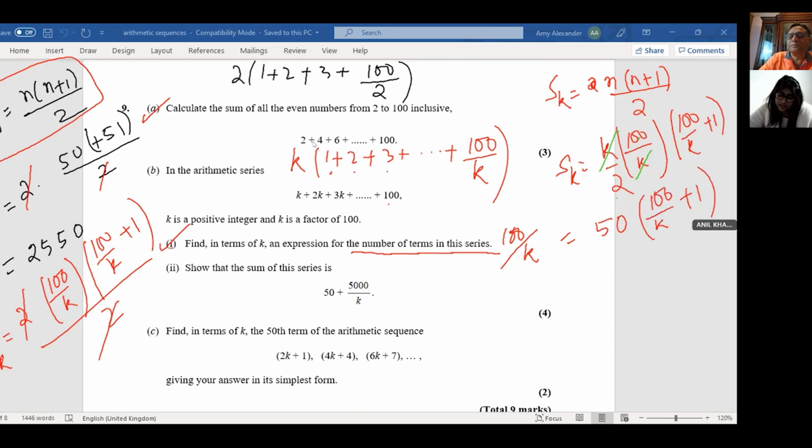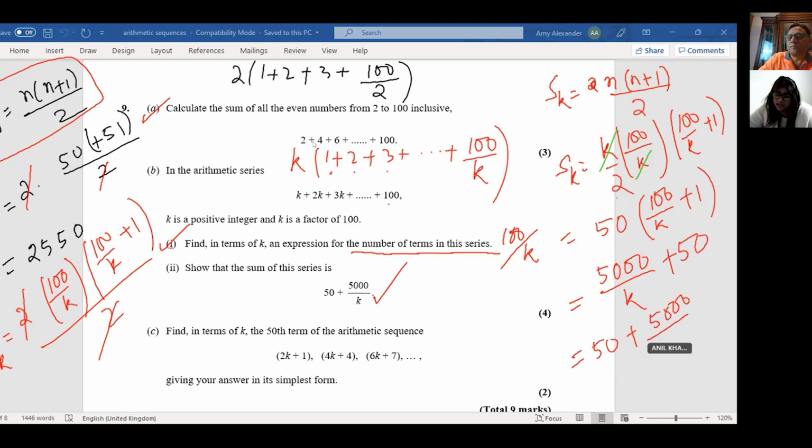Is that clear to you? So 50 times, so that's where they get the 5,000. Over k plus 50, right? So that's what we have, right? Rearrange. Good. So that's how you get your standard formula as given here.